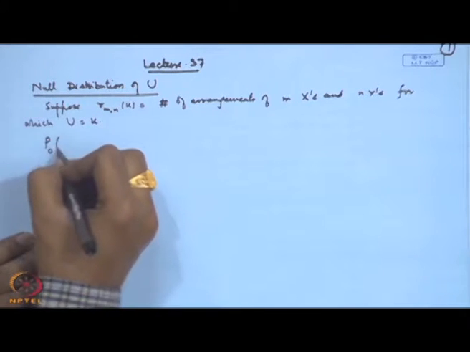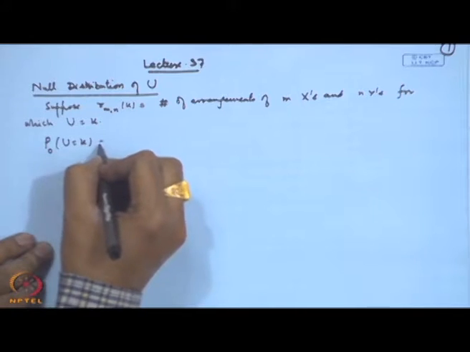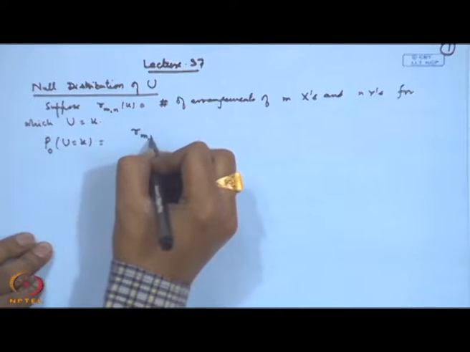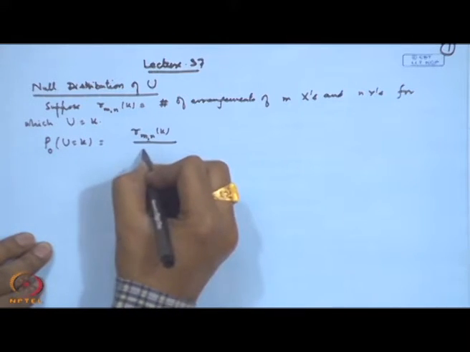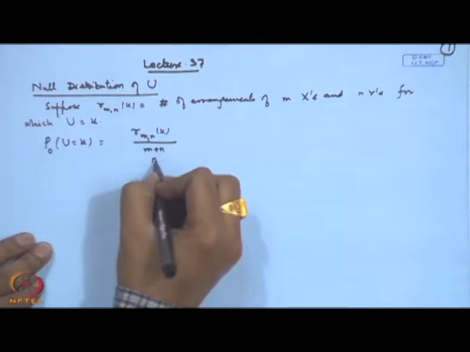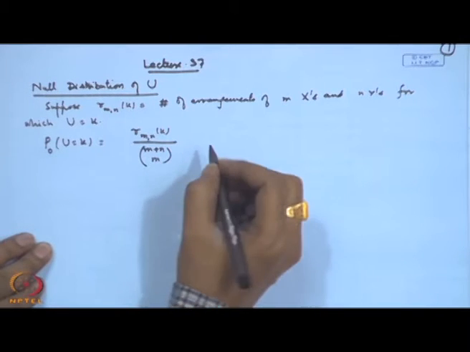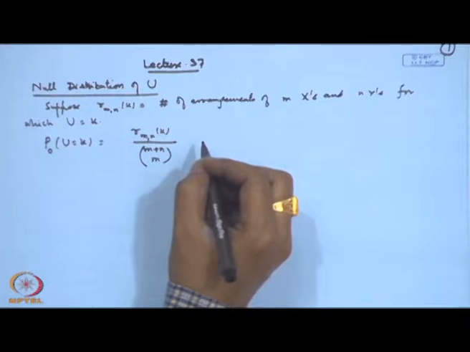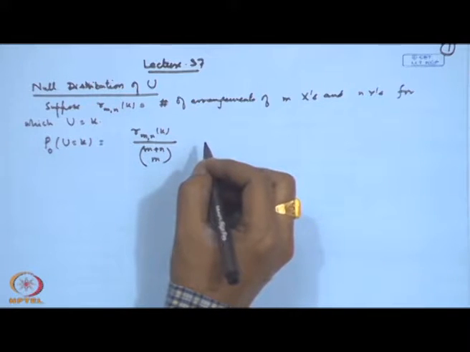Then the probability is equal to R m n (u) divided by the total number of choices, which is m plus n choose m. As we know, the values of U can be from 0 to m n.